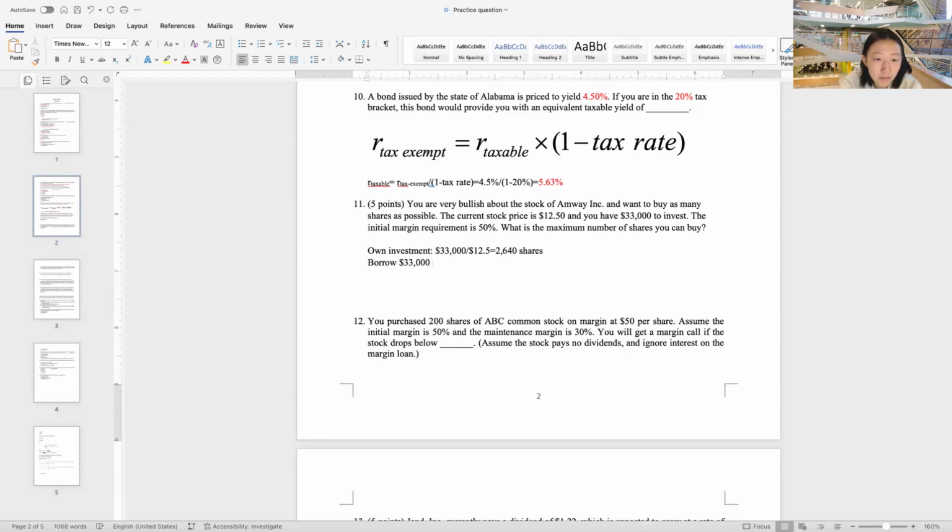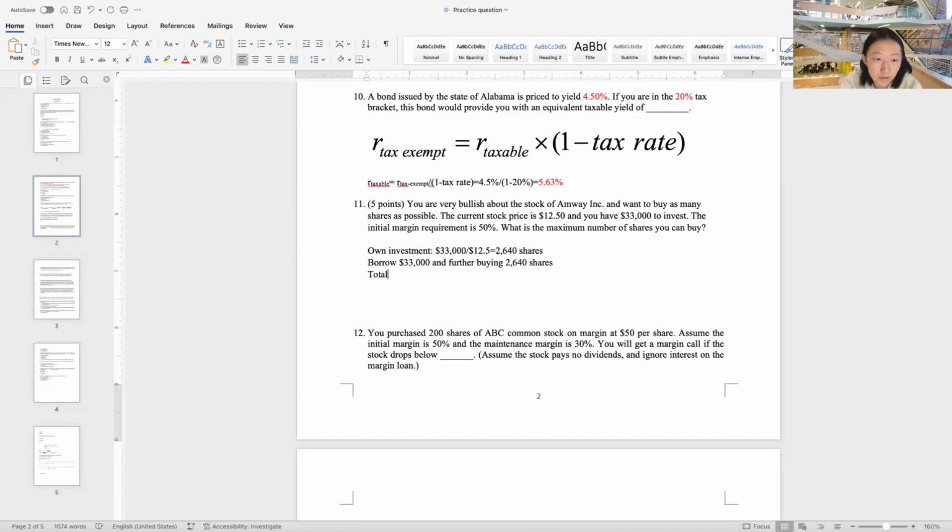Borrowing 33,000 means they can buy a further 2,640 shares.